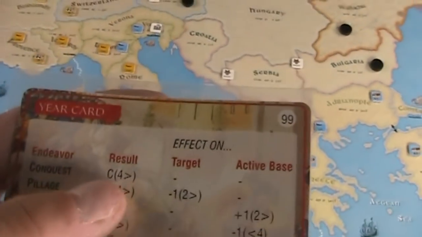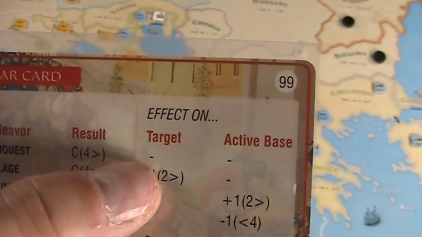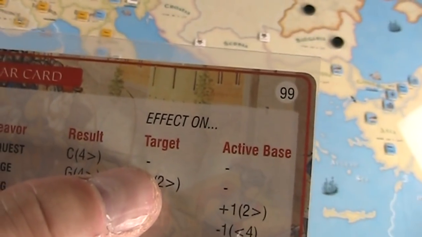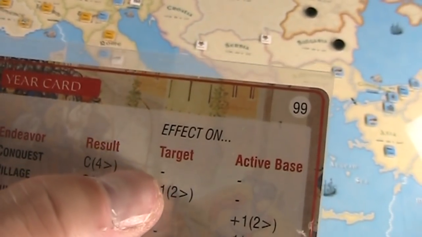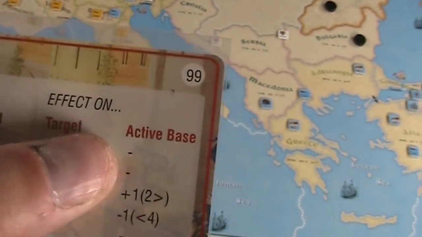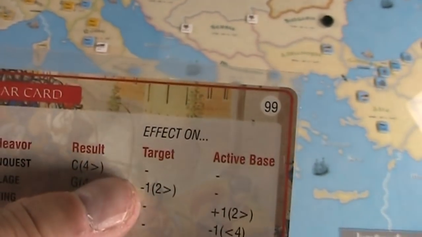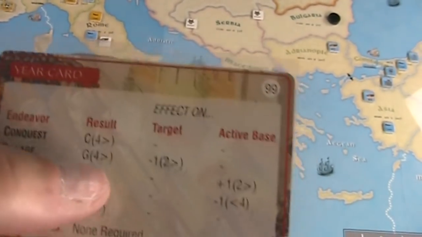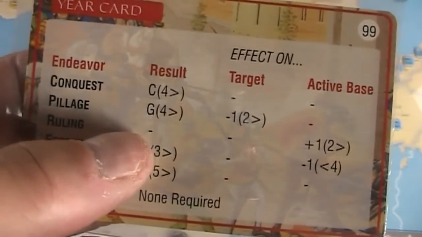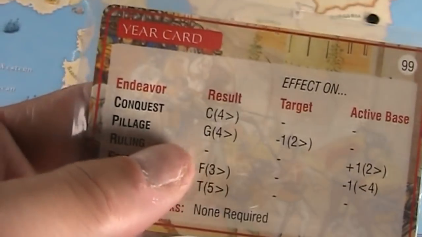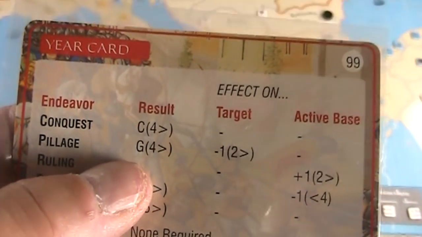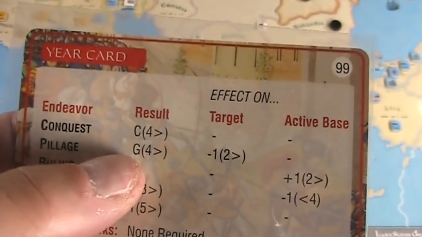Then, in addition to the result, there can also be effects on the target area and on the base area, and that would be written here. You can see that, for example, here or there. For example, if I would do a pillage and I would have a higher rating than 4, I would gain gold from that pillage.